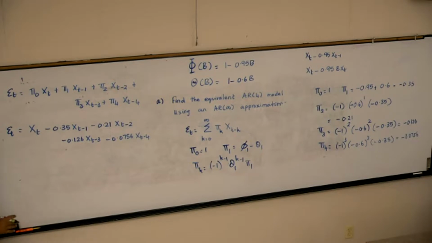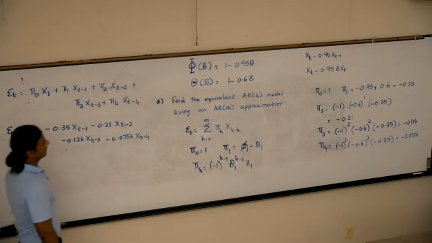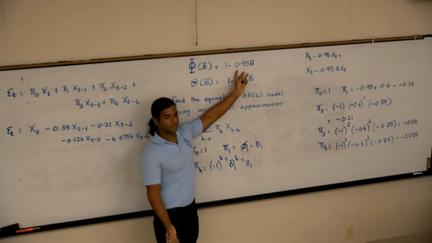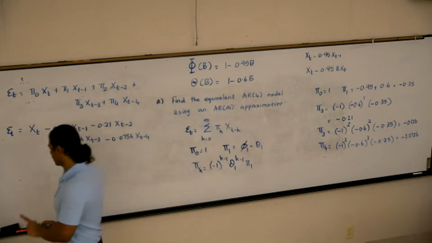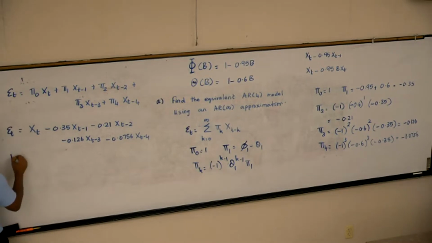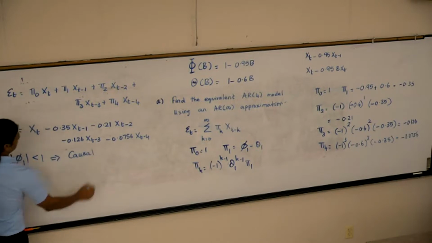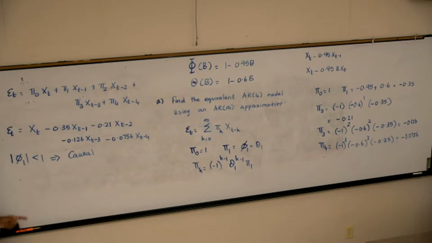Now, there is a concept of absolutely summable. In other words, we want to know if the series is causal, if it is stationary. Well, one way to recognize it is to look at the value of phi 1, right? From an AR(1) model, we know if the absolute value of phi 1 is less than 1, then we have causality, yes?